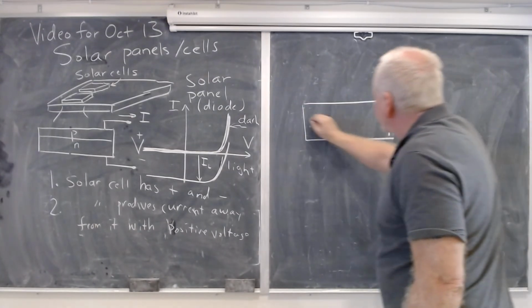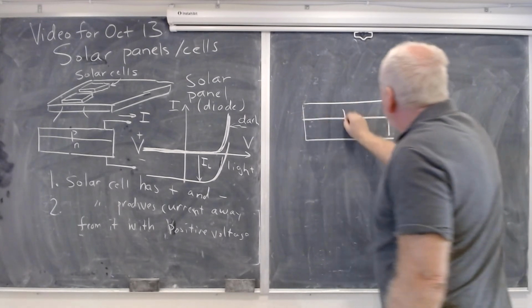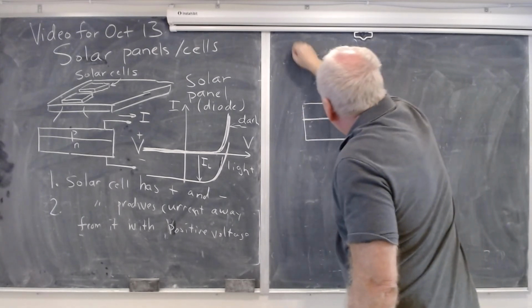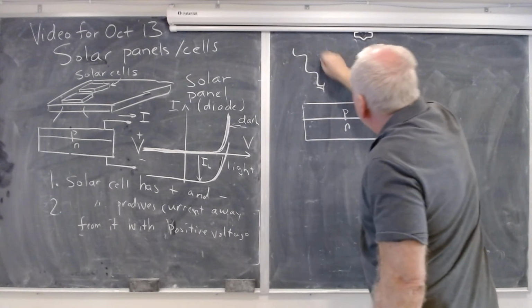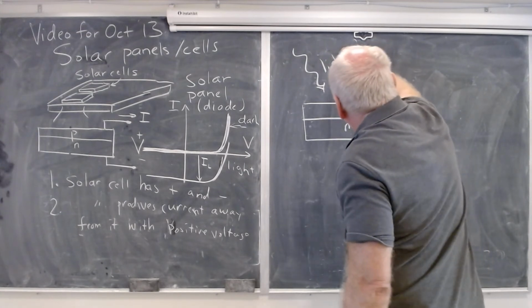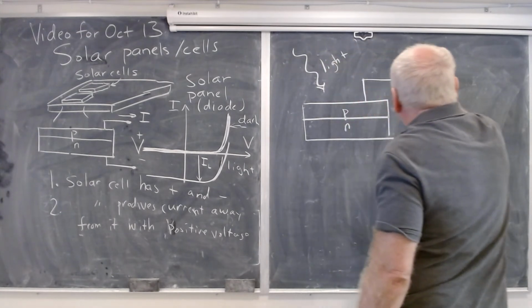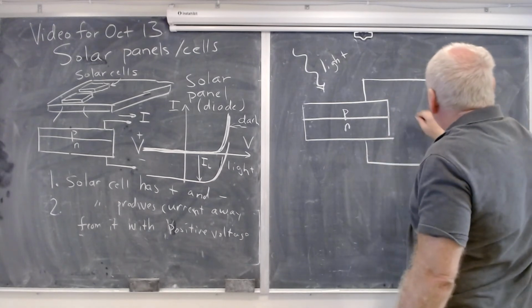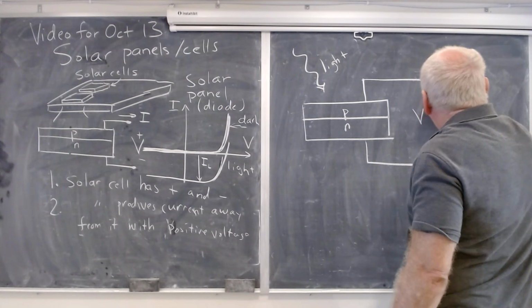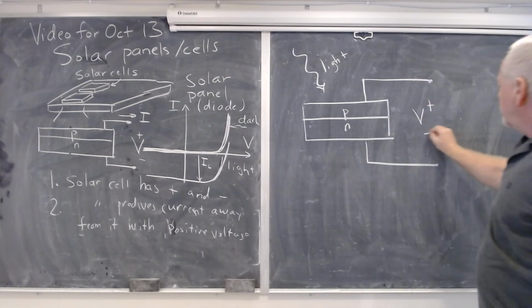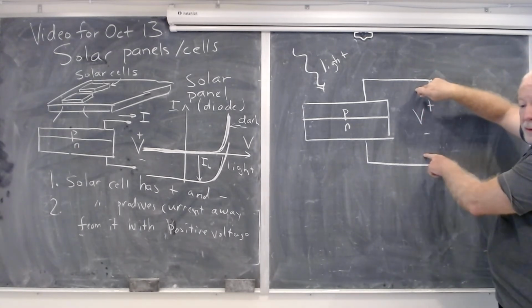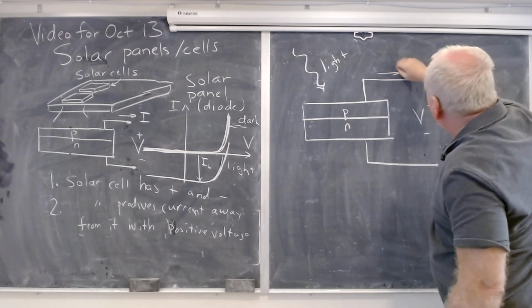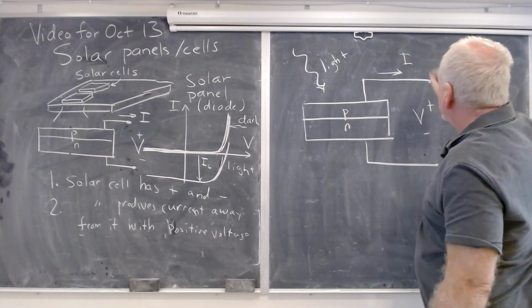Here's my solar cell, P and N. Now I'm going to shine a light on it. That means that with a positive voltage across it, I get a current in this direction.